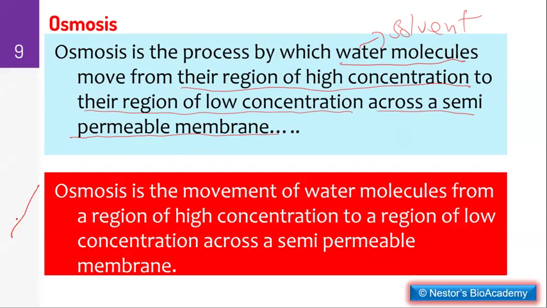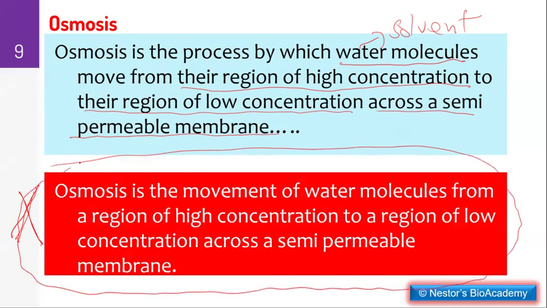You must always be very careful when defining osmosis in the way I've highlighted in red, which says osmosis is the movement of water molecules from a region of high concentration to a region of low concentration across a semi-permeable membrane.